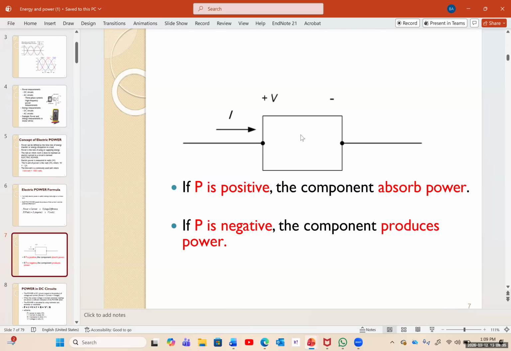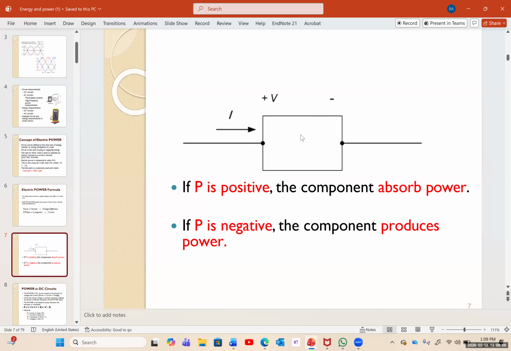This is an important slide. Power can be negative or positive. If the system is consuming power or absorbing power, the P would be positive. So if you have a heater, if you have a motor, the power would be positive.